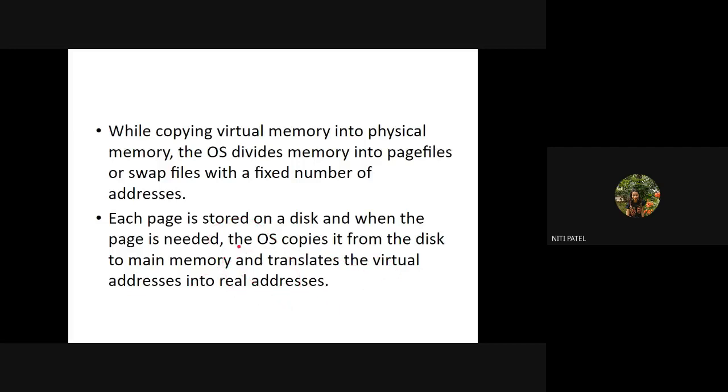So we know this. Now after creating a virtual memory also, if I have some programs in virtual memory which are related to the programs in secondary memory, and if I want to run that program from virtual memory and part of it is in secondary memory, then I have to bring that part of secondary memory into the main memory. So again I have to do the conversion of logical address to physical address.